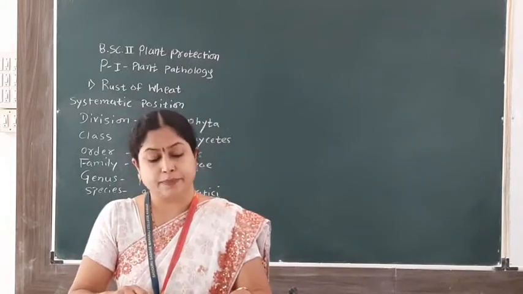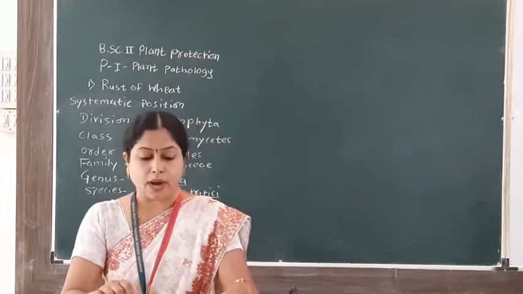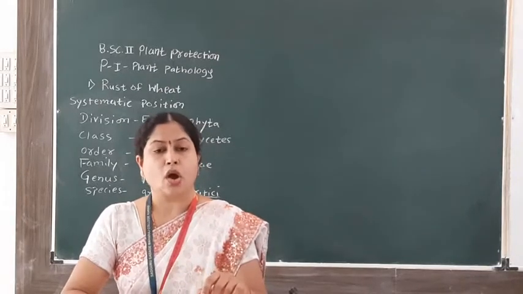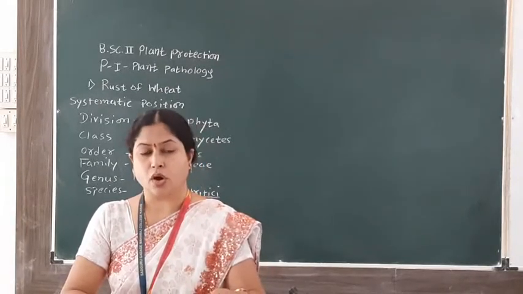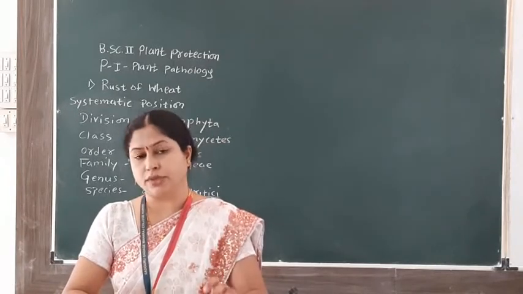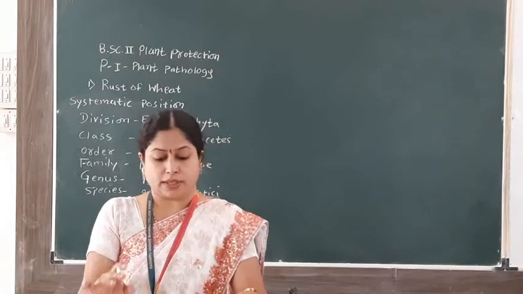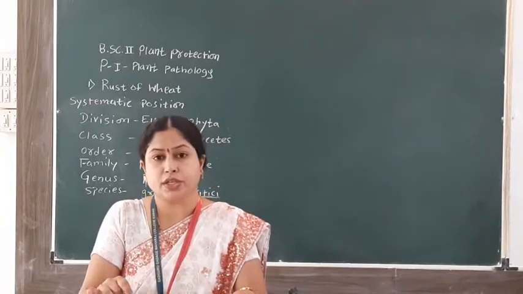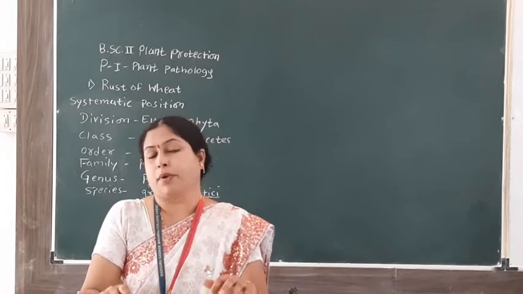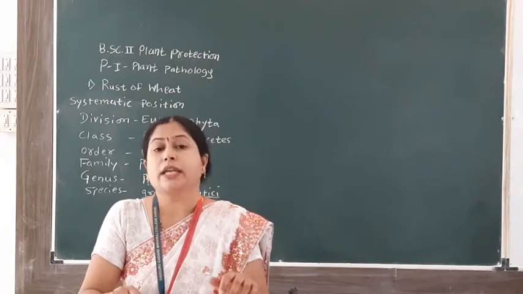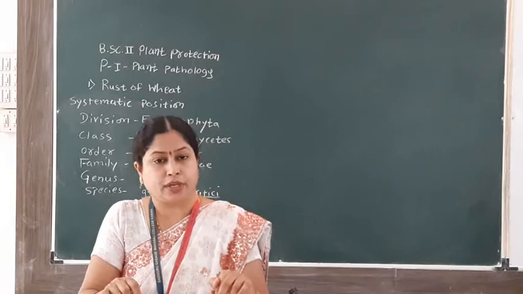Symptoms of this disease. The disease is first marked by the eruption of brown colored pustules on the leaf lamina or on the lower side of the leaves. When the disease is severe, the plant fails to form grain, or if grain forms, it is shriveled.